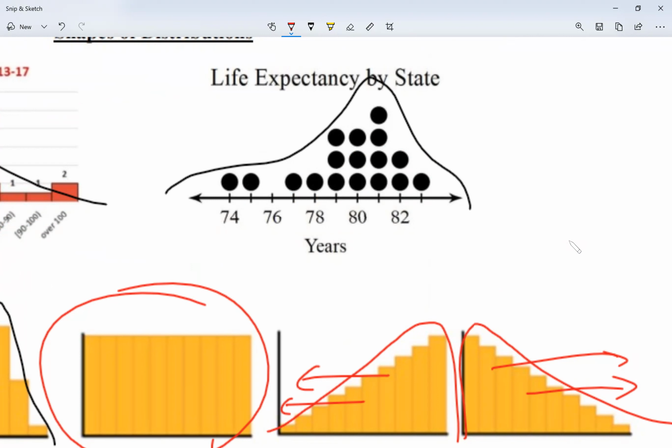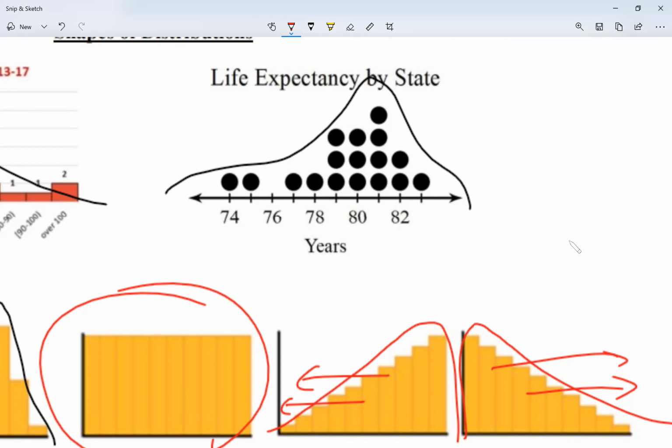Each of those dots represents each of those numbers. So notice how 74 is only once, 75 is once. There's no 76. I see 77 and 78 are once each, but look at 79, it is 3 times. So I can give you a list of numbers, and I will expect you to be able to create a dot plot. This thing that you see here, you will be able to create that.